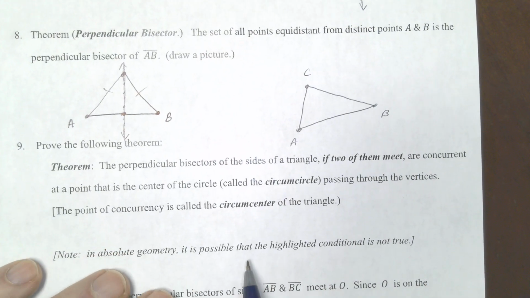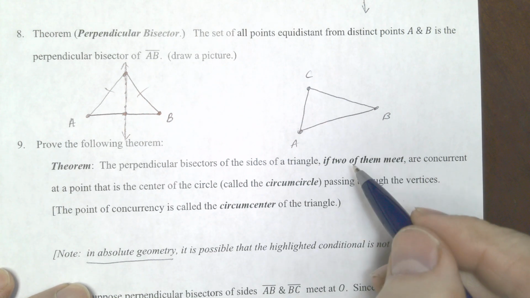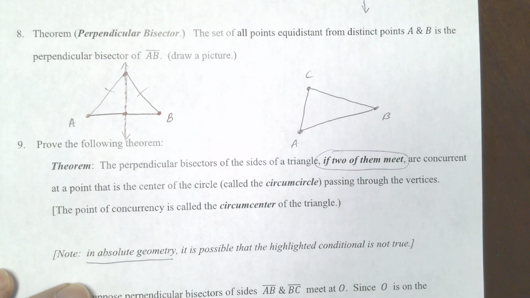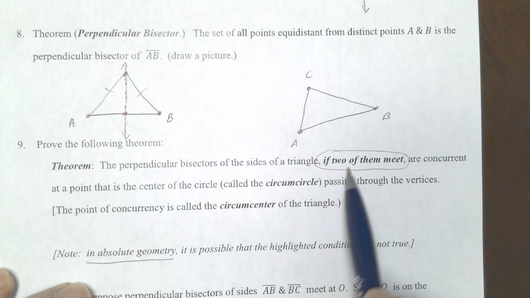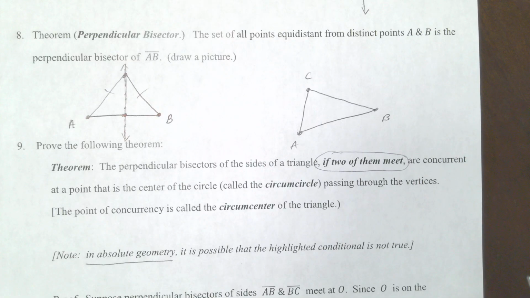Oh, this is just a note, and something that we will talk about later in absolute geometry. It's possible that this highlighted condition is not true. In other words, in this case, they will always meet, but in absolute geometry, two of those lines may not meet. We'll see that later.